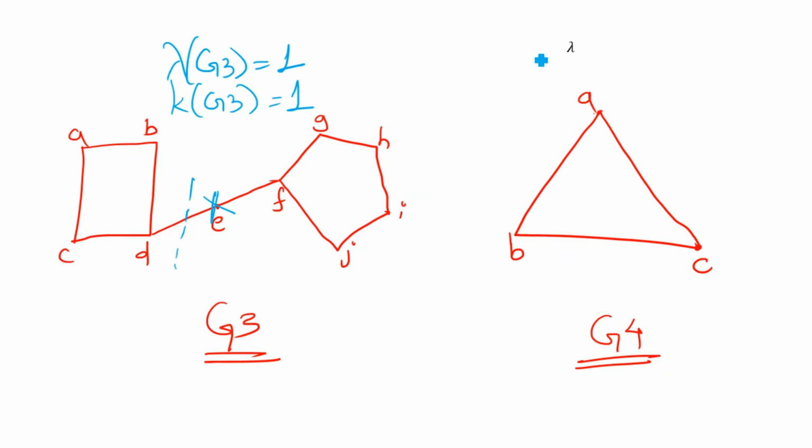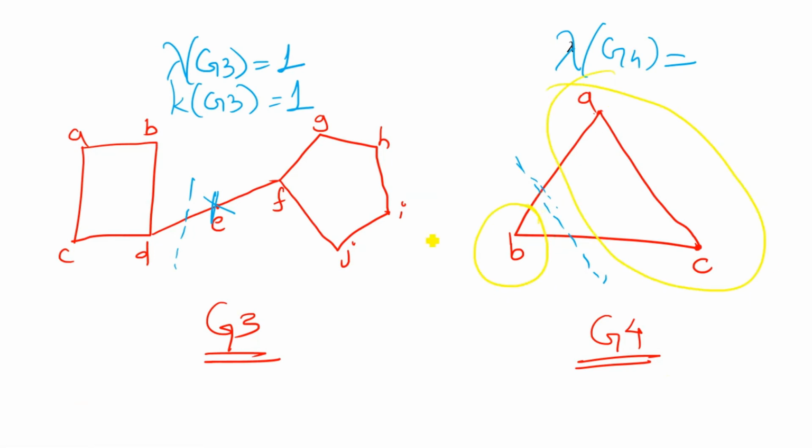And in this graph, what is lambda of G4? How many edges should you remove so that your graph gets disconnected into two or more portions? If I try to remove any one edge, I tried all of these edges, my graph doesn't get disconnected into two portions. If I cut two edges of the graph over here, my graph gets disconnected into two portions: this is the first portion and this is the second portion.